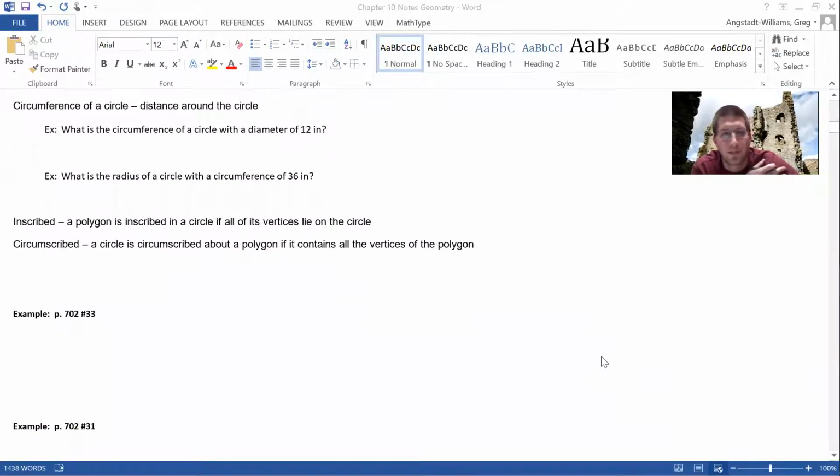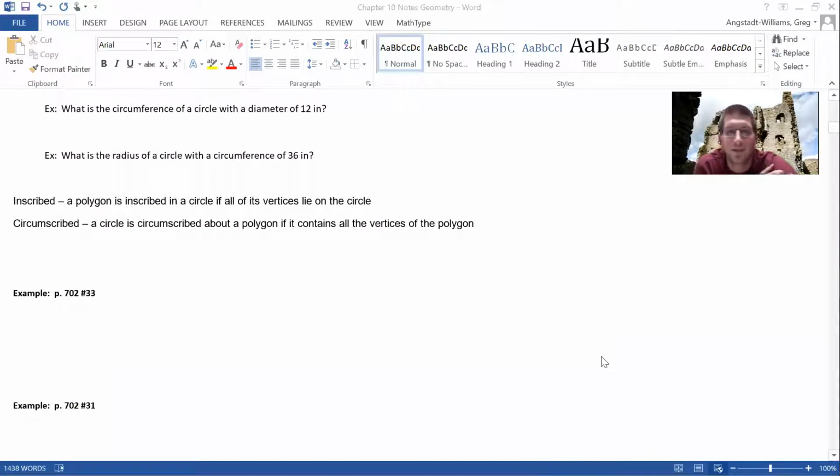All right, so let's go back to your notes. We have a few more things we need to go over. So after those two examples, you have two definitions, an inscribed and circumscribed polygon. So an inscribed polygon is a polygon inscribed in a circle. All of its vertices lie on the circle, right?